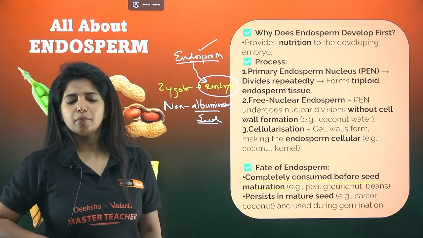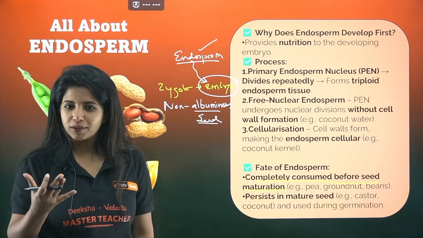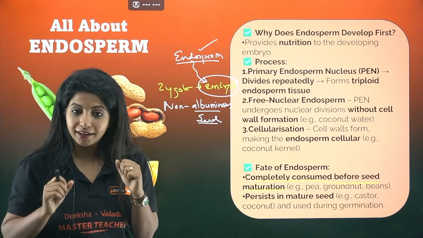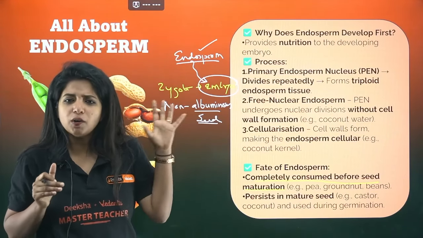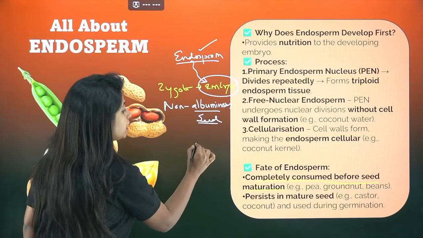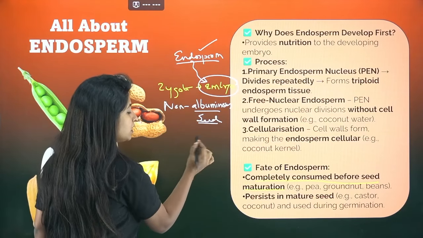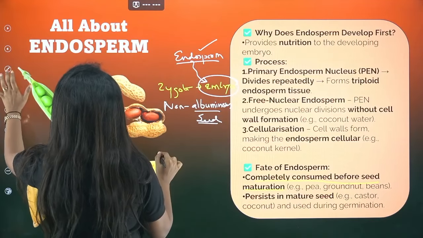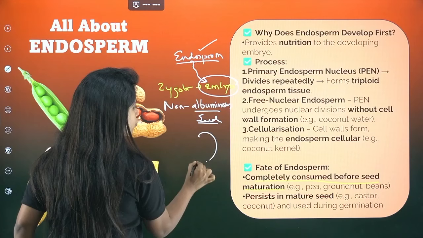What does the embryo do with the endosperm out there? The embryo will form its own reserve food material. This is very important. The embryo did not want endosperm. It wanted to have its own reserve food. So what is that thing? It is known as cotyledon. You might have seen there are some plants which have two cotyledons.